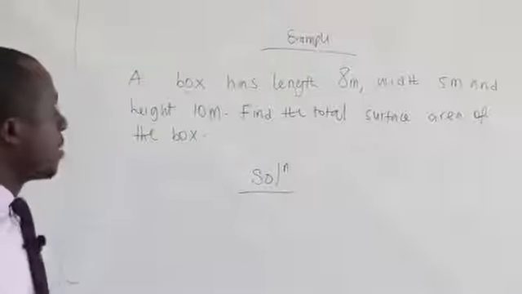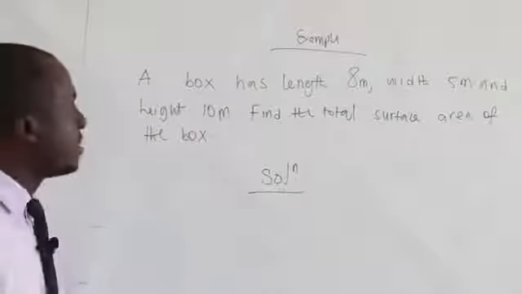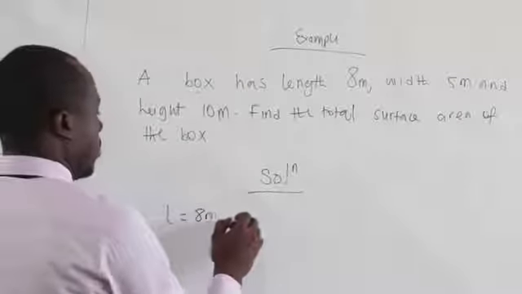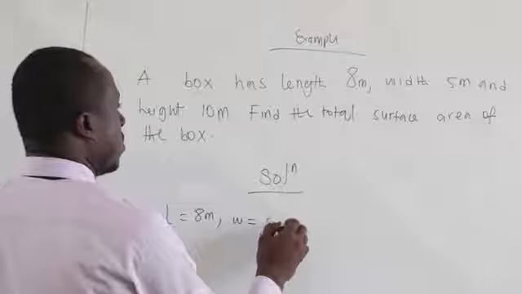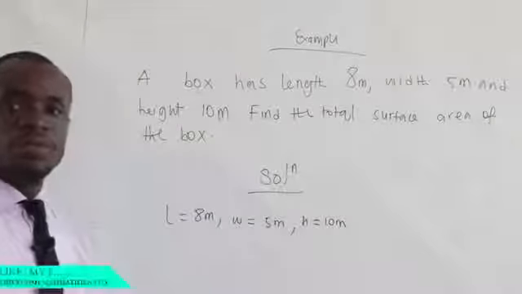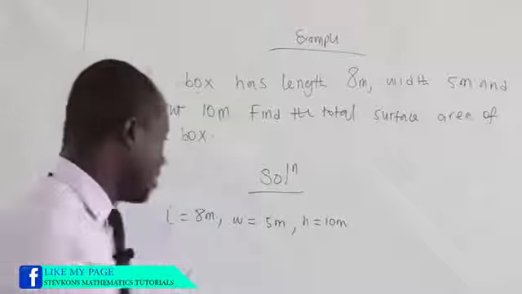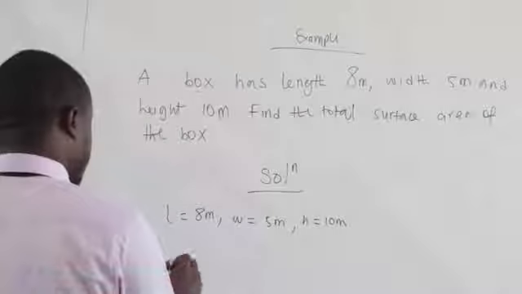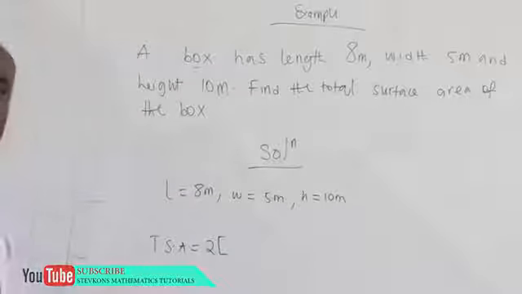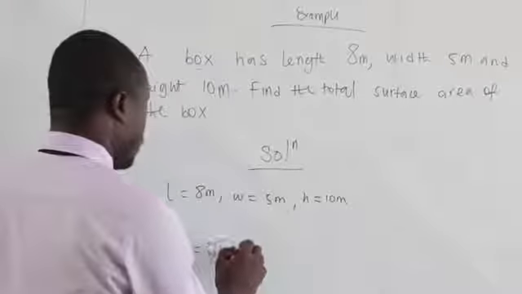Let's see this example. A box has length 8 meters, so L is 8 meters. The width is 5 meters and the height is 10 meters. We are being told to find the total surface area. Our TSA has a factor of 2 outside, as we generated, and everything should appear twice.